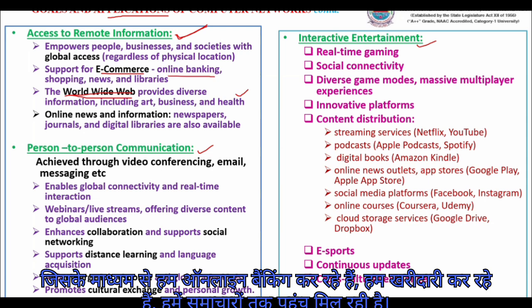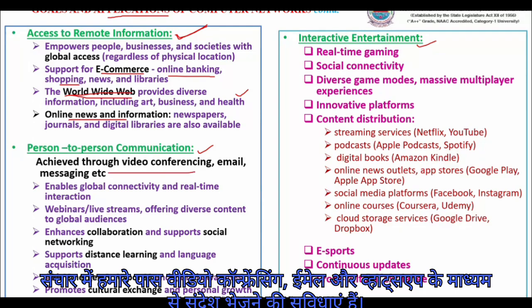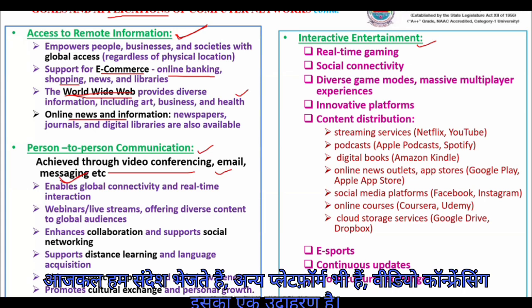Then we also have e-commerce, through which we are doing online banking, we are doing shopping, we are having access to news and other kinds of information, a vast range of information. Then with person-to-person communication, we have video conferencing, email and messaging facilities. Through WhatsApp nowadays we message, and there are other platforms also.